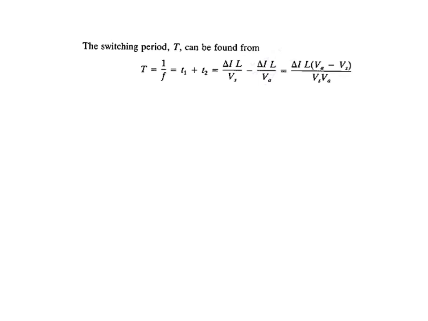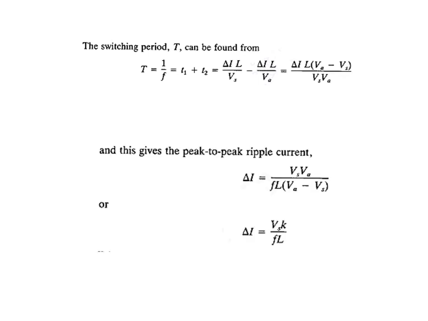Using this switching time period T, we can find the peak-to-peak ripple current flowing through the inductor, which is given by the equation ΔI = Vs Va/(f L (Va - Vs)). So in terms of duty cycle, the peak-to-peak ripple current flowing through the inductor is ΔI = Vs k/(f L).